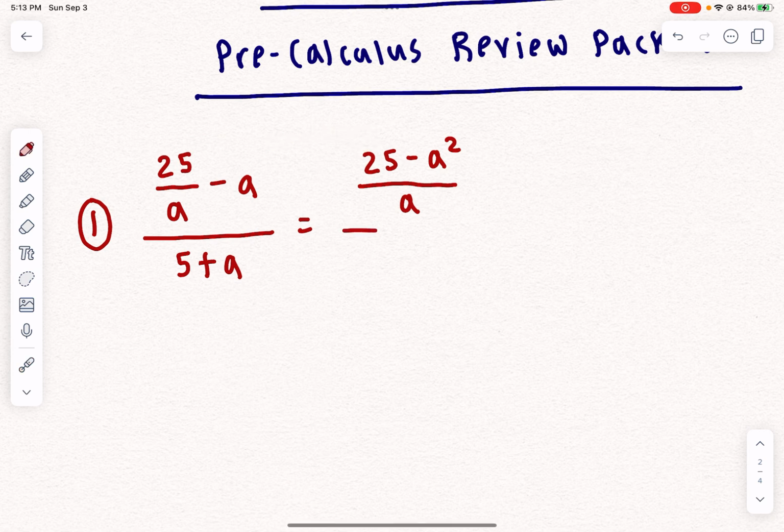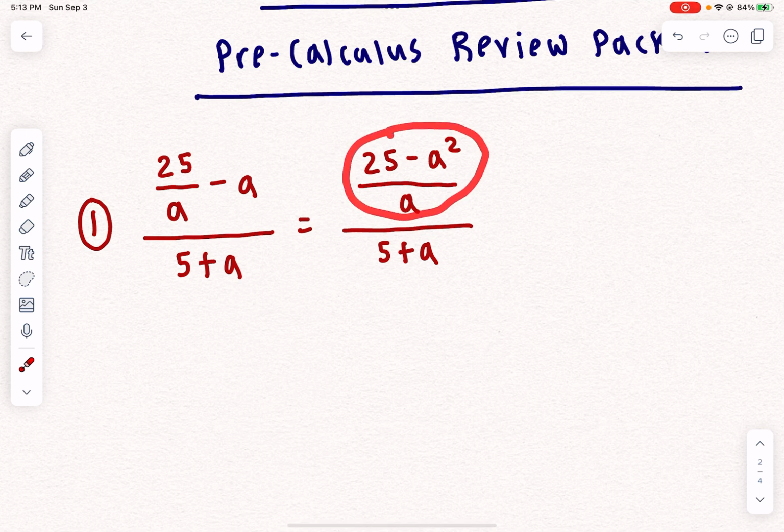And then all that is divided by 5 plus a. So if we continue going with this, here is actually one of the most important parts that you have to understand. Same idea, we have the numerator being divided by some other term.